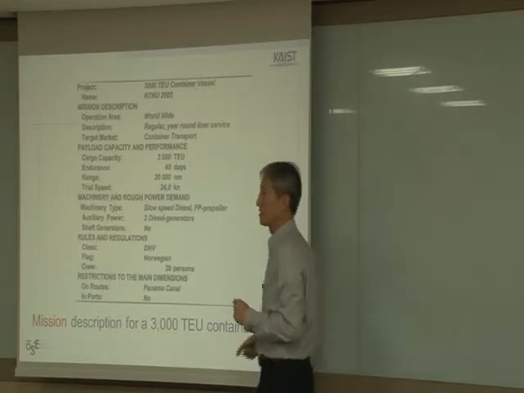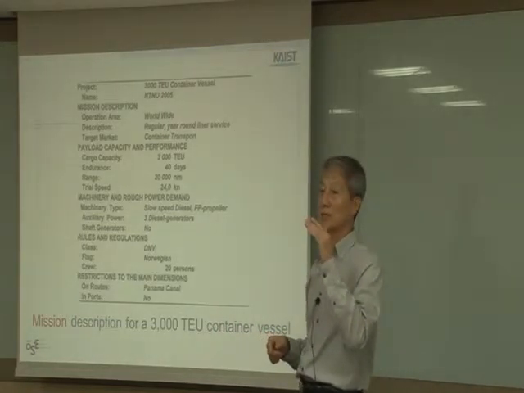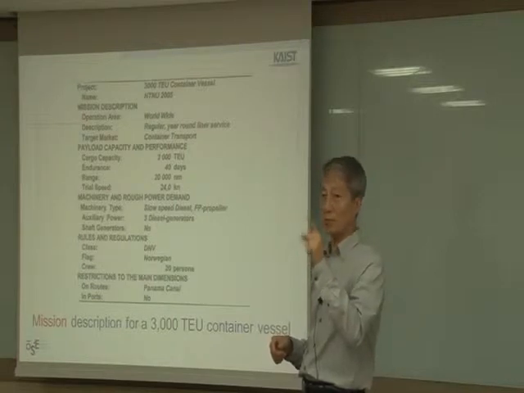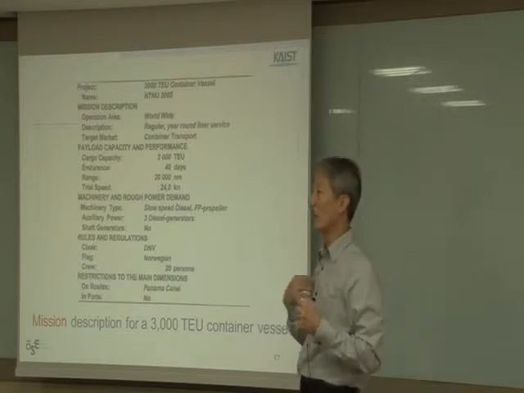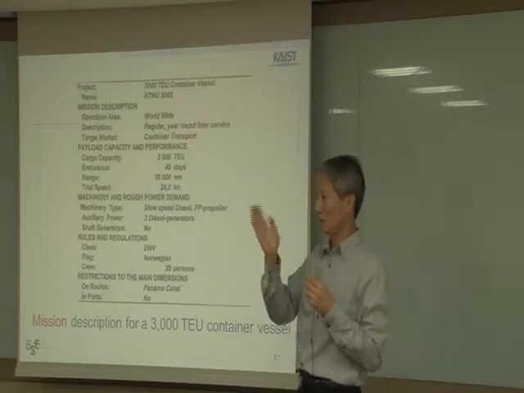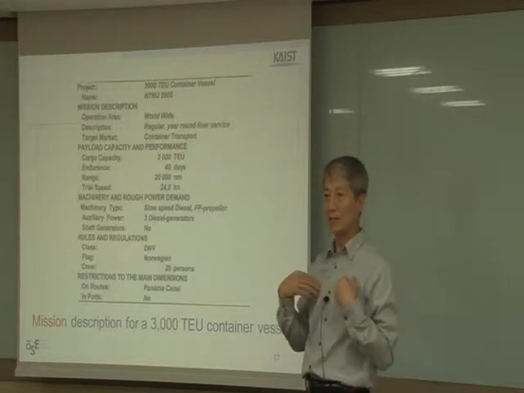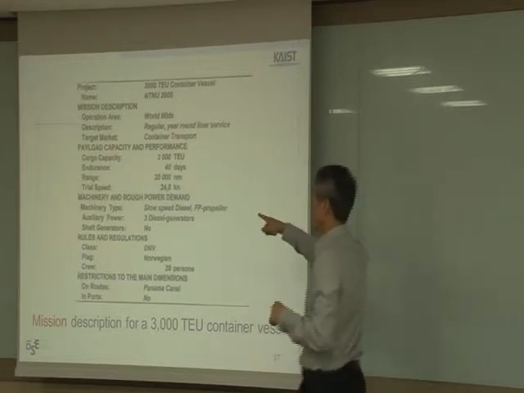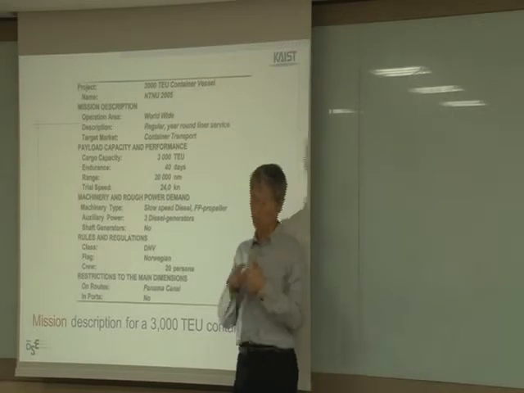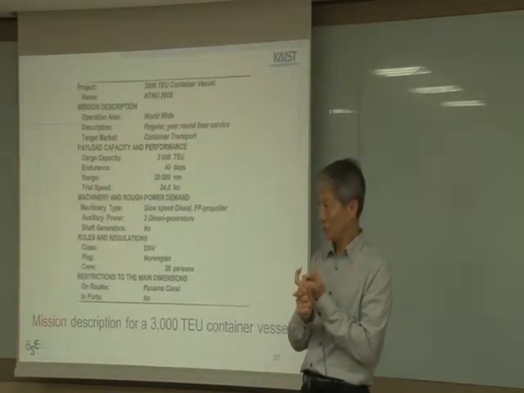Slow speed diesel engine means the RPM is around 100. What is RPM? Rotations per minute. 1 minute, 100 rotations. But usually our car is running around 2,000 RPM, 3,000 RPM, right? So 100 is very low. So slow speed, but there is also medium speed diesel engine and high speed diesel engine on the ship too, but the size is bigger.